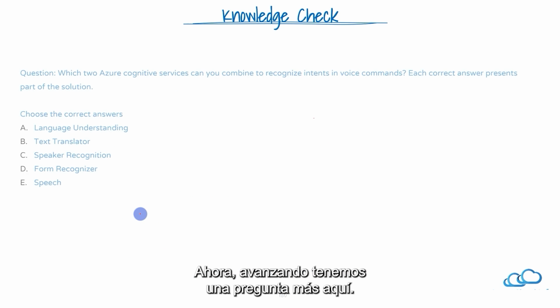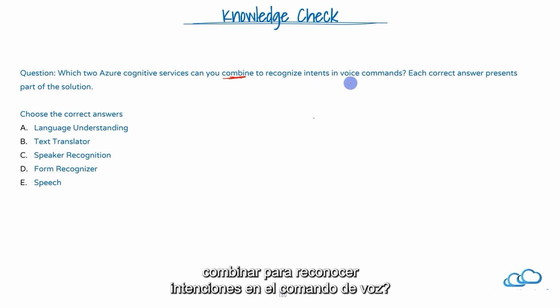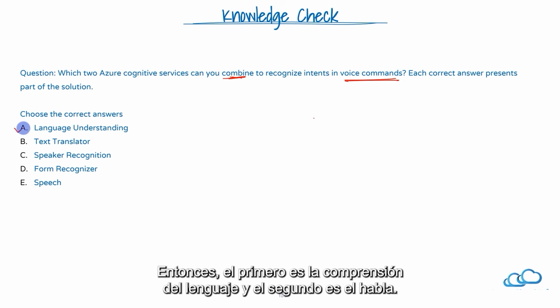Now moving forward, we have one more question here. Which two Azure cognitive services can you combine to recognize intents in a voice command? Each correct answer presents part of the solution. So what are two services which we can combine to get the voice command? The first is language understanding and the second is speech.